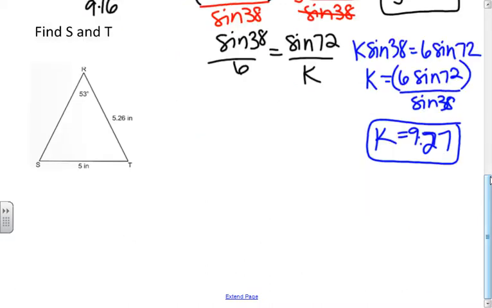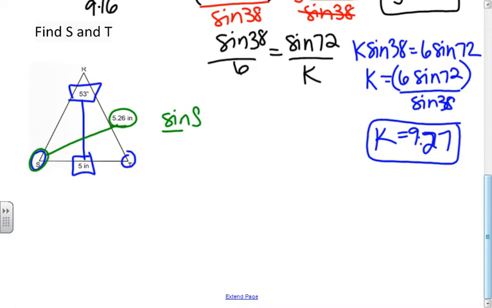So let's find S and T in this set of directions. Here's my pairing that I know, and from this I can solve for S because I'm only missing angle S. So I say the sine of S over 5.26 is equal to the sine of 53 over 5.